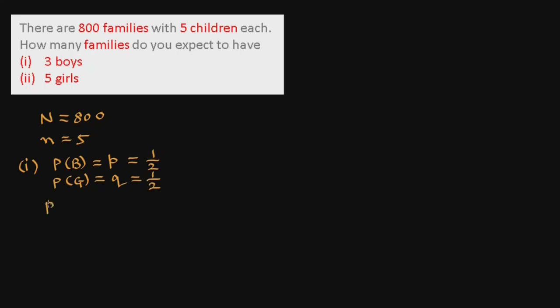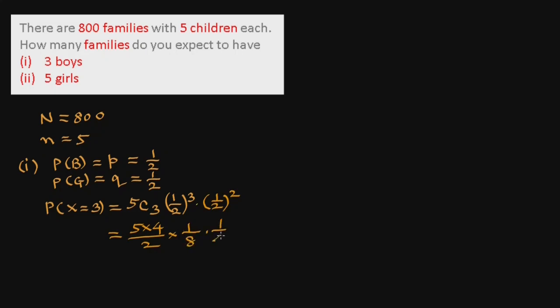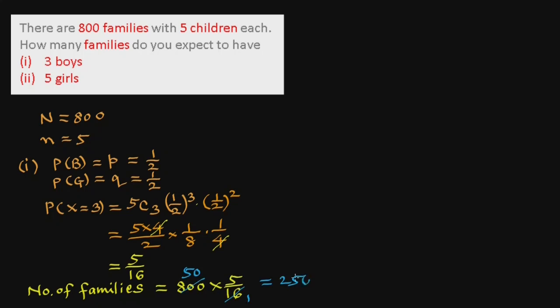Now probability of 3 boys in a family will be 5c3 (half) cubed into (half) squared. 5c3 is 5c2, 5 into 4 upon 2, into 1 upon 8 into 1 upon 4, which is 5 upon 16. So the number of families having 3 boys out of 5 children will be 800 multiplied by 5 upon 16, 250 families.